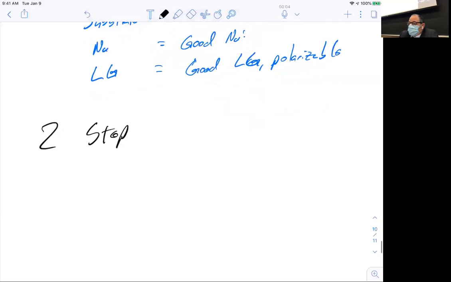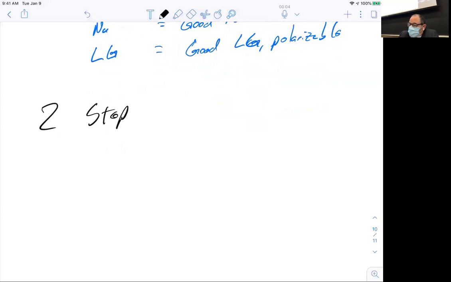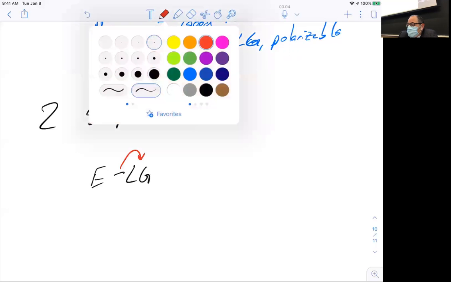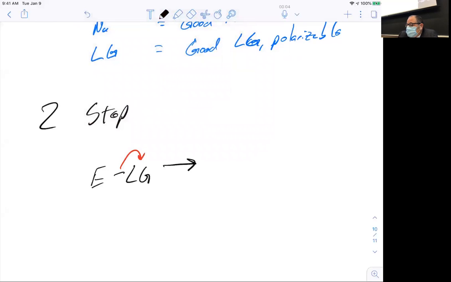Okay. So in the two-step process, what is happening is that our electrophile and our leaving group have a separation first, to end up with the electrophile being fully positive plus our leaving group. And then in the second step, the nucleophile then attacks the electrophile.